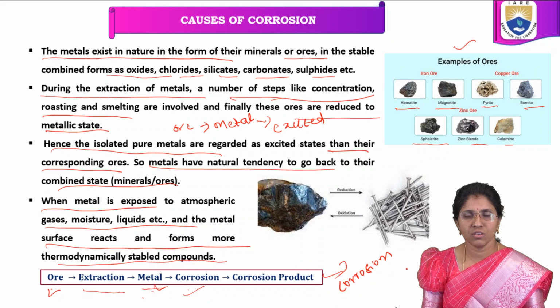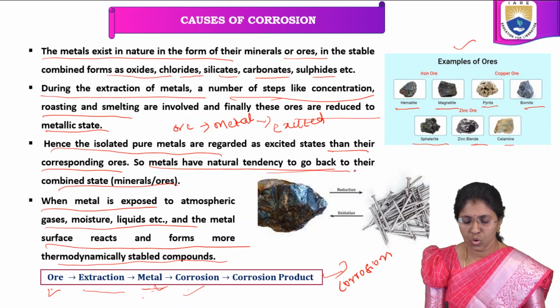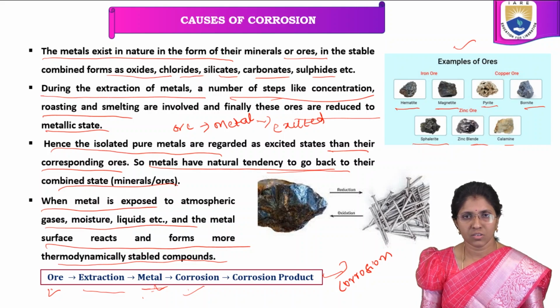This is the cause of corrosion. Metals exist in nature in mineral or ore forms, but when we extract the metals from the ores, the metals are in an excited state, so they go back to their combined state. This is the cause of corrosion of metals.